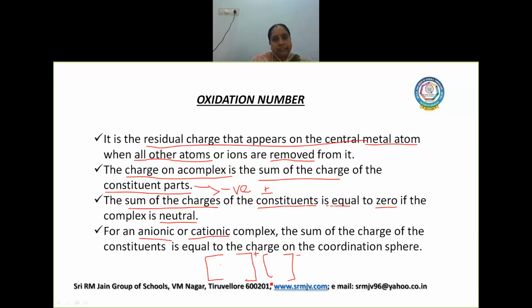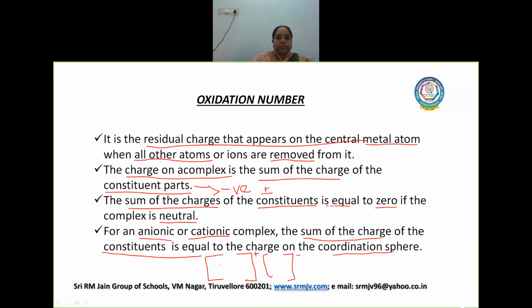That means if this complex is positive, then the part on the right-hand side will be the anion and the left-hand side will be the cation. So the sum of the charges of the constituents is equal to the charge of the coordination sphere.